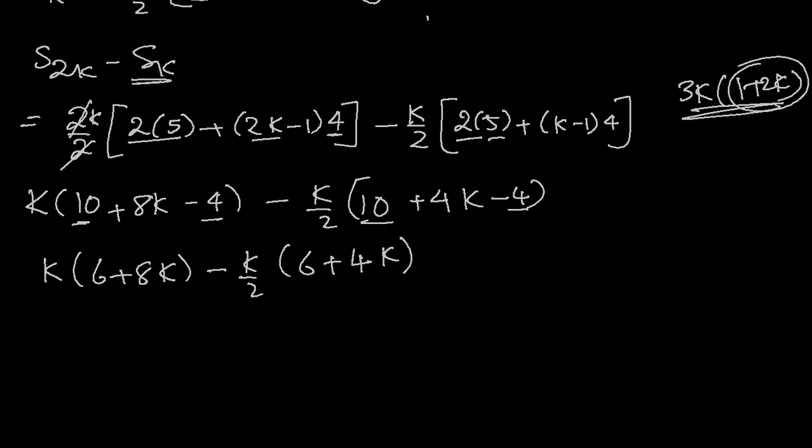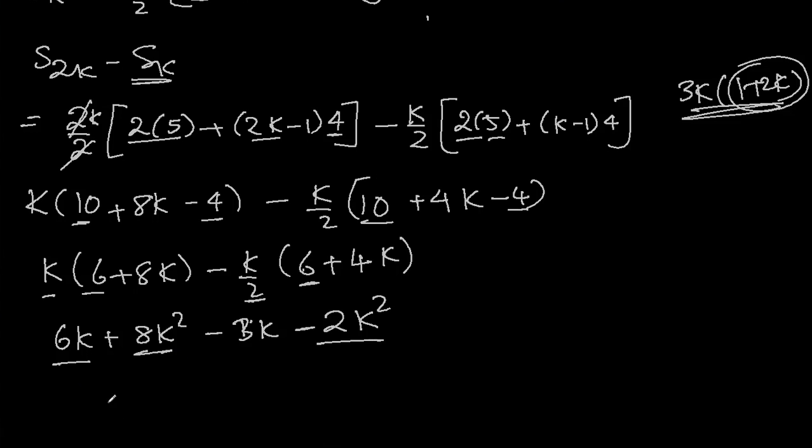Okay, so we can see here 1 plus 2k should be there. So do we have 1 plus 2k somehow? No, we have to simplify this. So let's open this bracket. 6k plus 8k square minus k over 2 multiplied by 6, 2 and 6 will cancel out, so it will be 3k. k over 2 times 4k will be minus 2k square. 6k, not 6k, 8k square minus 2k square will be 6k square. 6k minus 3k will be plus 3k.